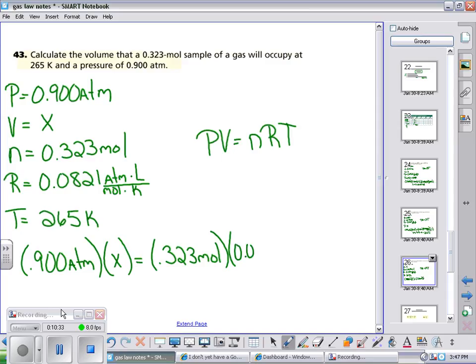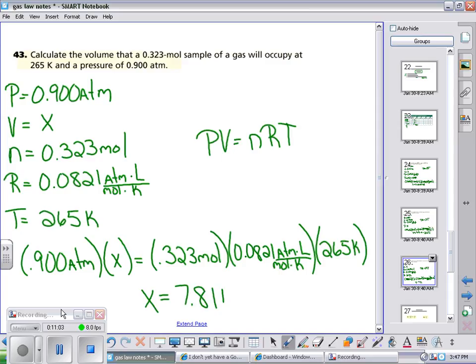R value, and then the temperature, 265. Go ahead and plug that in. Each of these numbers have 3 sig figs, so our value for X, which is volume, is going to have 3 sig figs, and it's 7.81 liters as our answer.